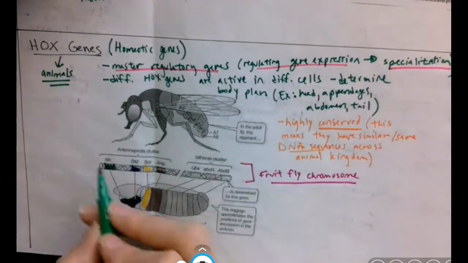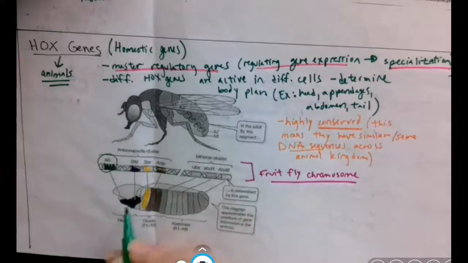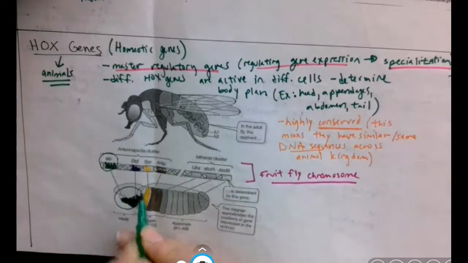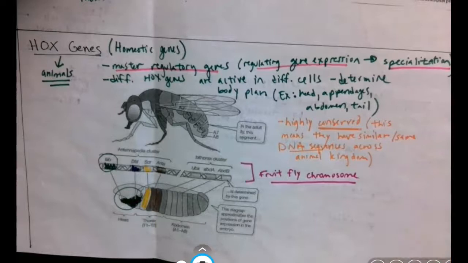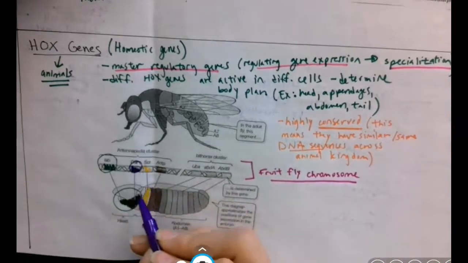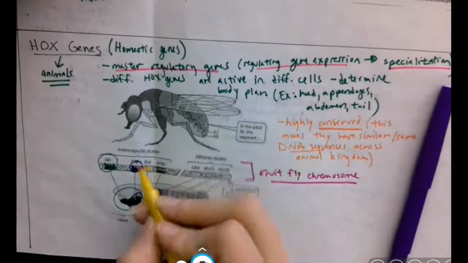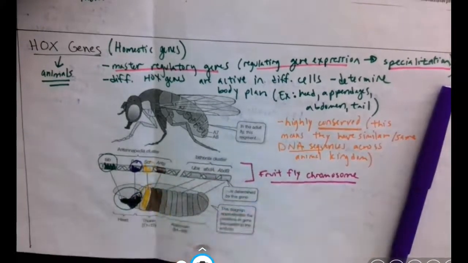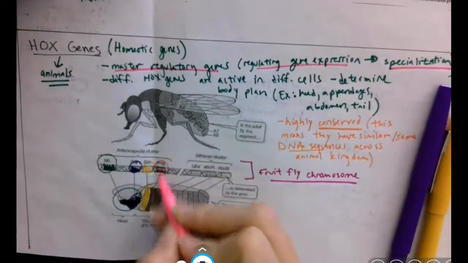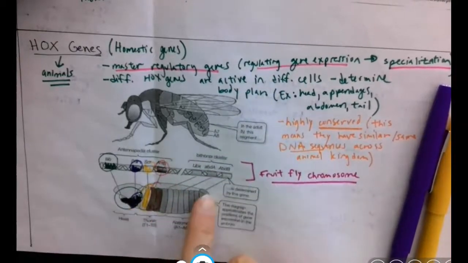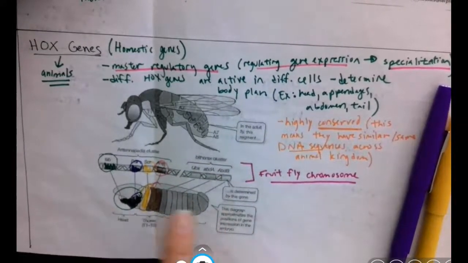So for example, this Hox gene right here is active in this part of the embryo, which will code for the head. This Hox gene is active in this part of the embryo. These Hox genes are activated in the thorax of the embryo, and they help make sure your body plan is in order. So your head, your thorax, and your abdomen are where they're supposed to be.